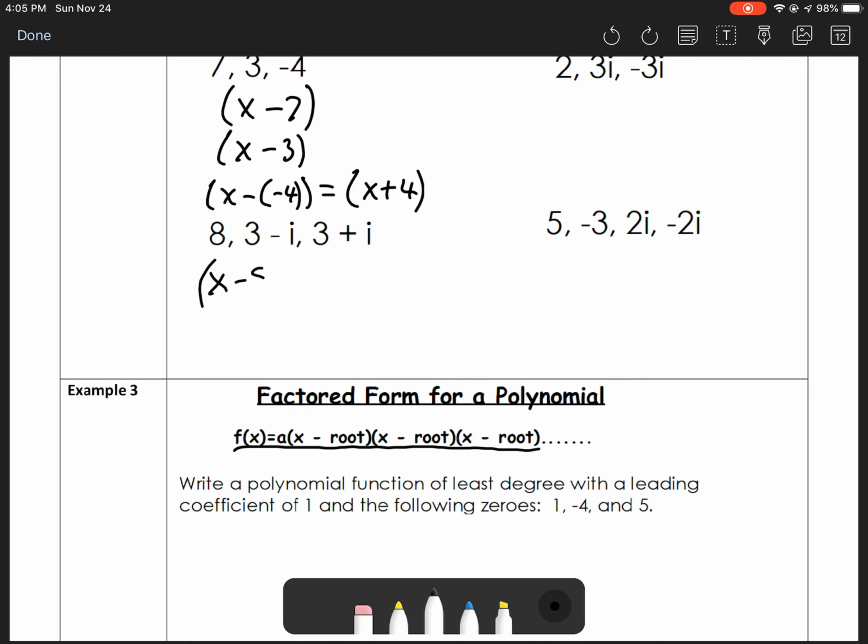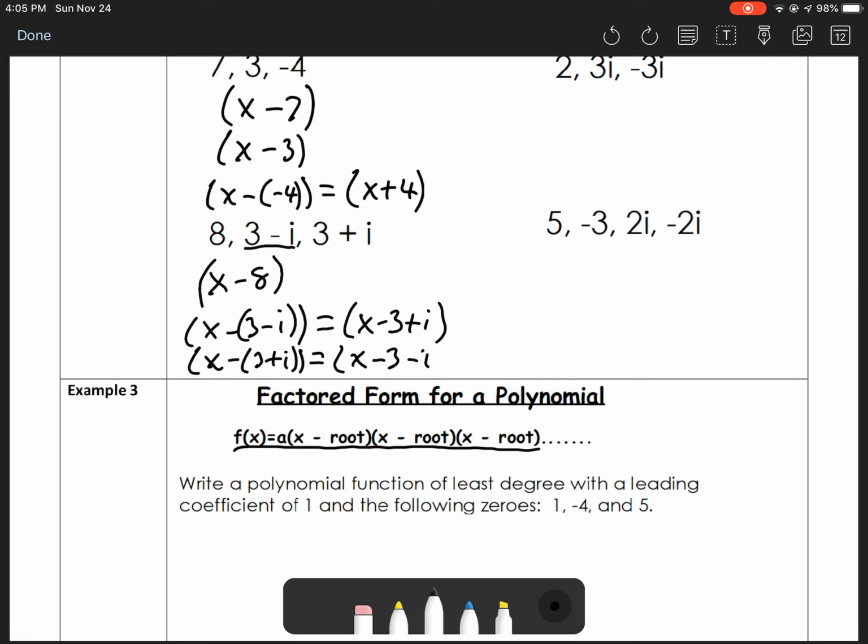First one was x minus 8, then we had x minus 3 minus i, and that is going to become x minus 3 plus i. So that's for this root right here. Then we have to do x minus 3 plus i, which is going to become x minus 3 minus i. And there are our 3 roots.